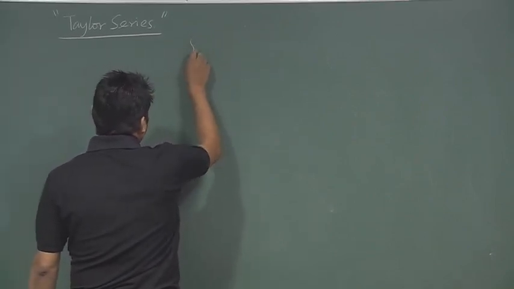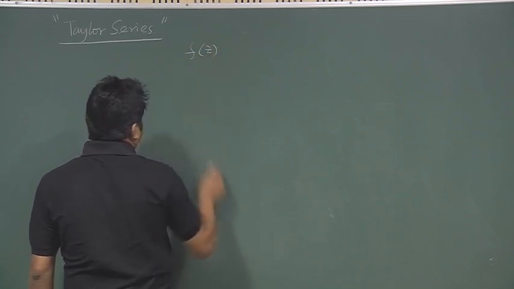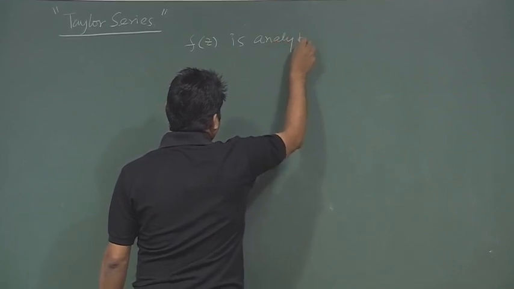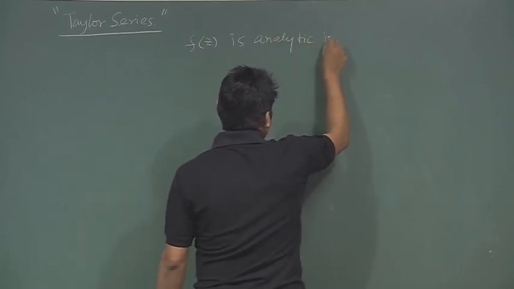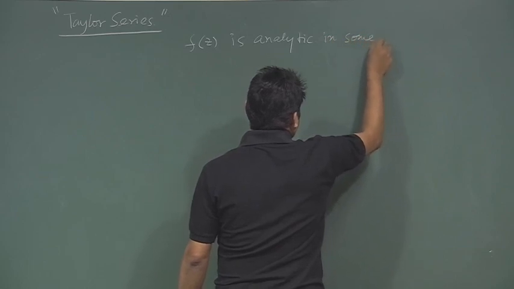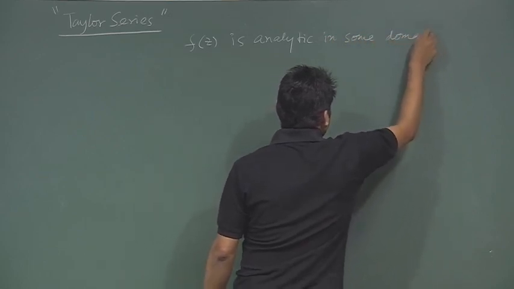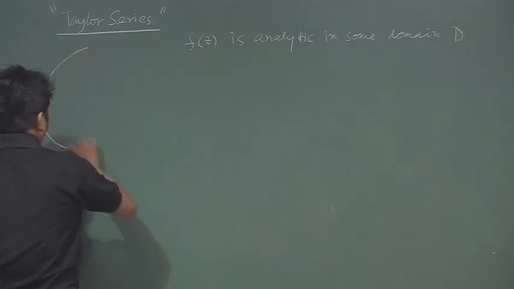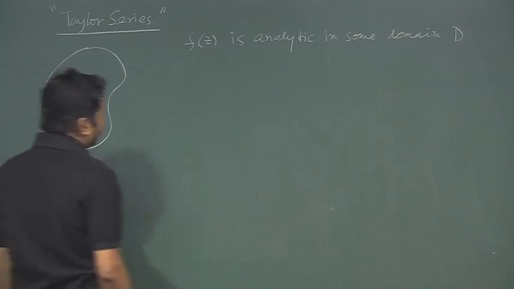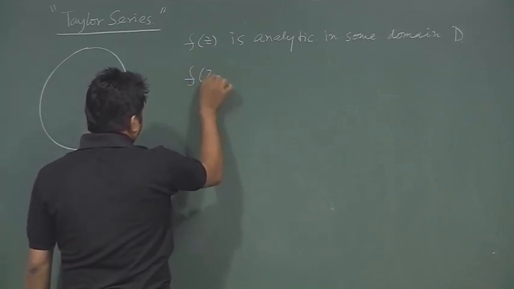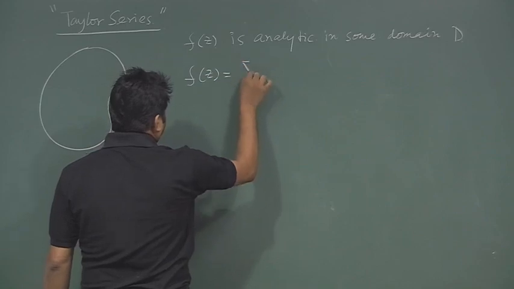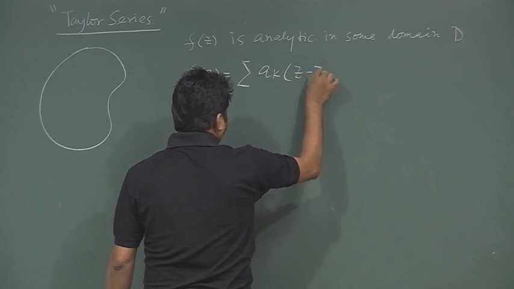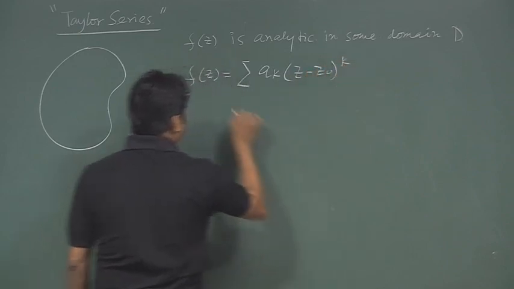So, if a function f(z) is analytic in some domain D, so that means if I have some domain here, D, and it is analytic, then f(z) can be expanded as a power series around some point z0 like this.